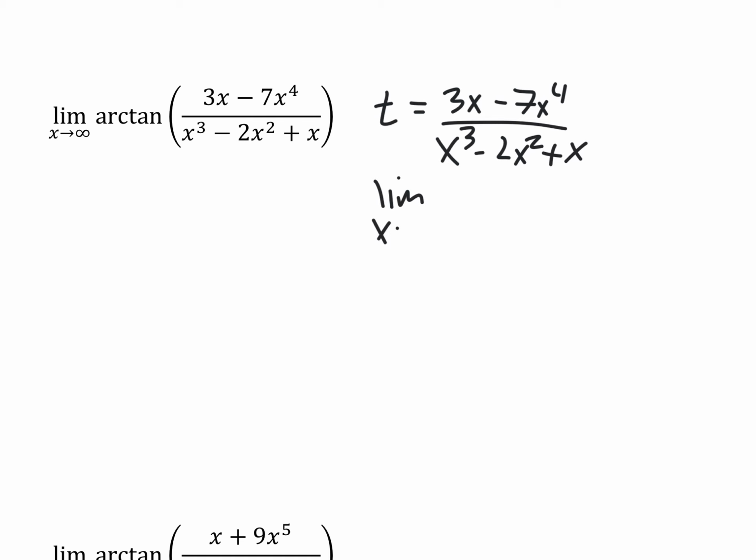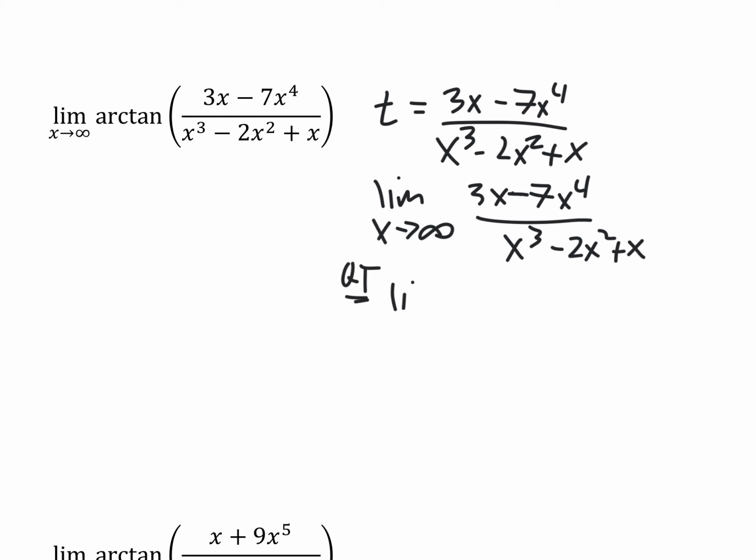So when we do the limit of that portion as x approaches infinity, with the quotient theorem, we should just get minus 7x to the 4 over x cubed. Now a bunch of those x's cancel, but we do still have an x left on top. And we have a negative, so we're going to get negative infinity.